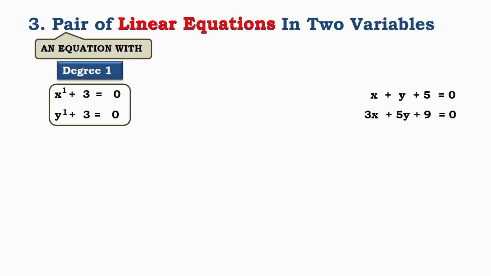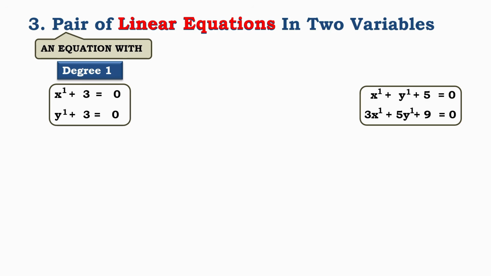Now let us look at equations that contain two variables. For example, x plus y plus 5 equals 0 and 3x plus 5y plus 9 equals 0. Both of these are linear equations in two variables because the variables x and y both have power 1.